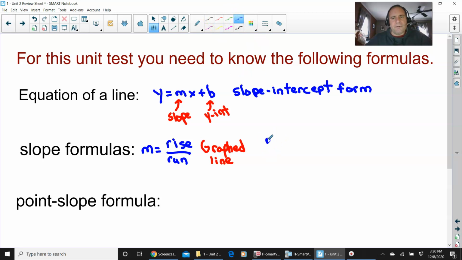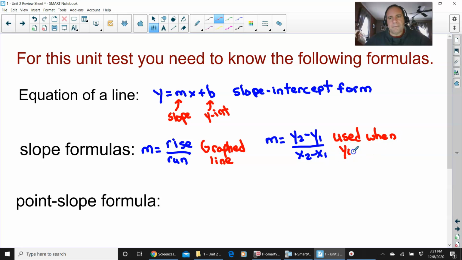The other slope formula, which is the same thing, y2 minus y1 over x2 minus x1. This is used when you're given two or more coordinate points, used when you have coordinates.